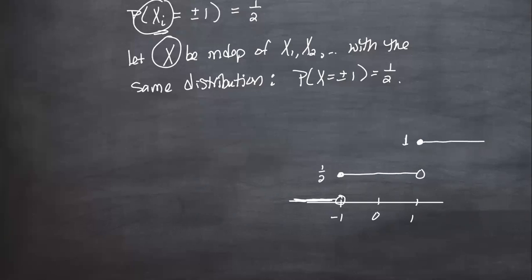So both of these jumps have height 1/2, and the CDF for not only x, but every one of these xi, is a step function like this. And it does not change as n changes. It's the exact same CDF.